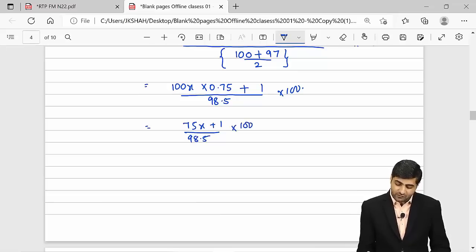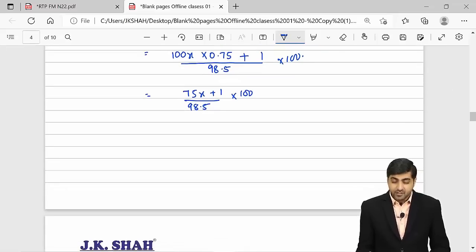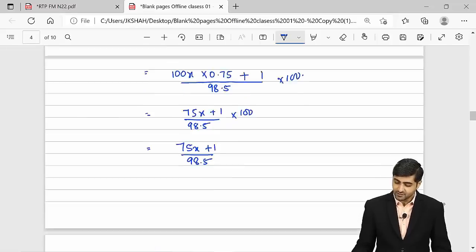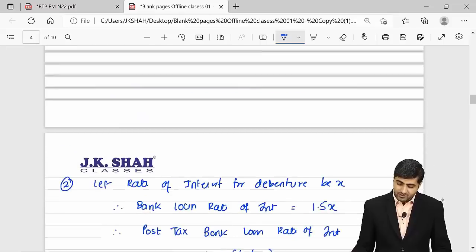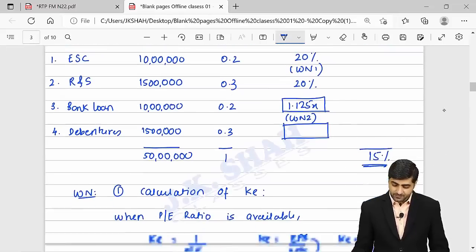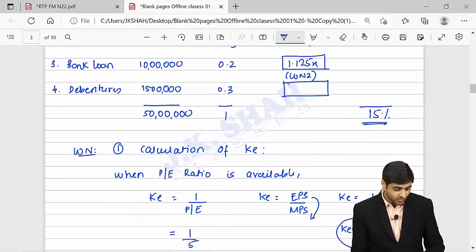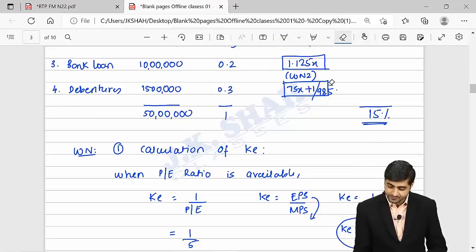And because this rate of interest is always in percentage terms, we can just simply write down this as 75x plus 1 upon 98.5. So we have this as your rate of interest available here, which will be nothing but 75x plus 1 divided by 98.5.